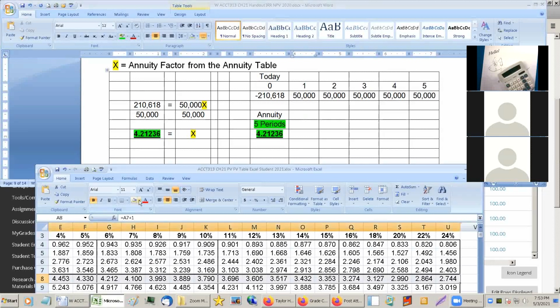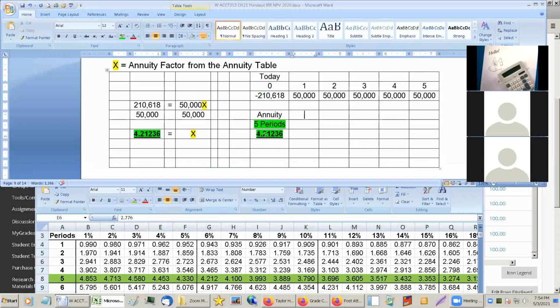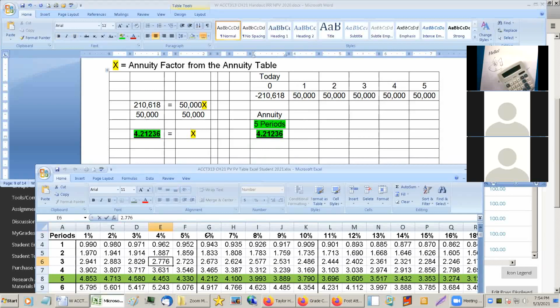I clicked on the wrong thing. 5 periods. And again, when we first start out, we really don't know what the interest rate is, but we know it's for 5 periods. So we're going to look for the closest thing to this. It may not be exactly the closest thing. So we go across and we see it here actually.